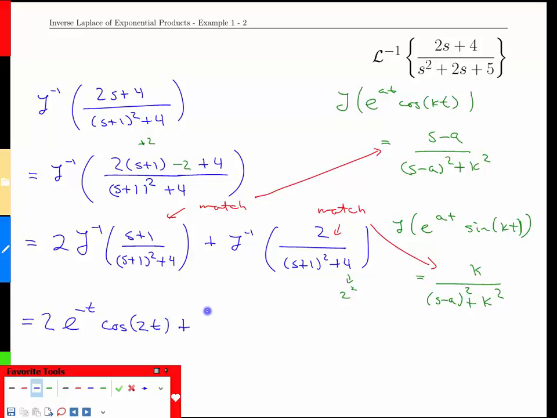And the next term was an exact match to the same exponential, e to the minus t, times the sine of 2t. And that's the full calculation that will let us expand out a quadratic denominator like this and get to terms that we can individually transform back to these shifted exponential times cos, and exponential times sine.